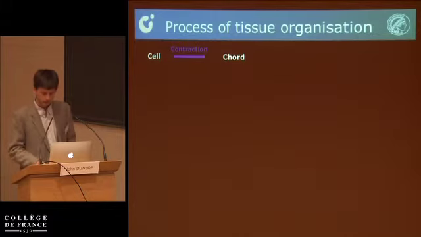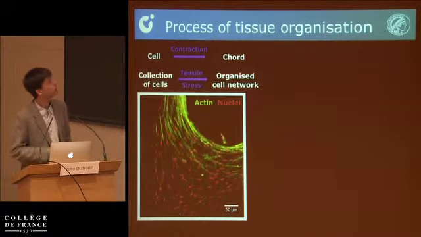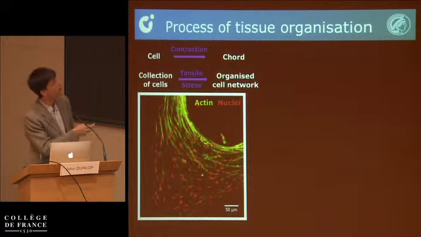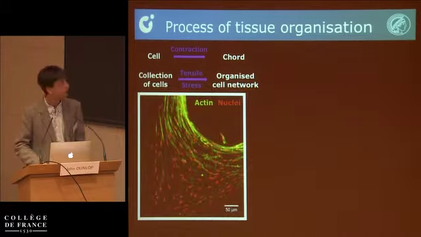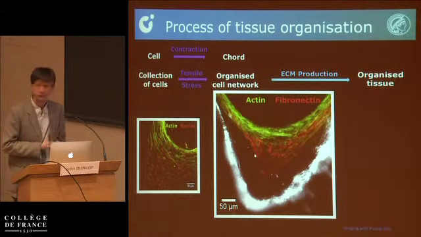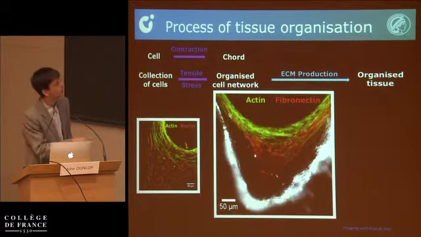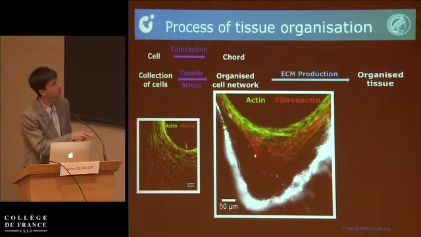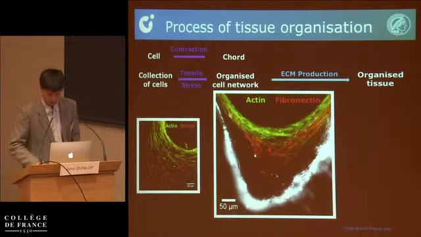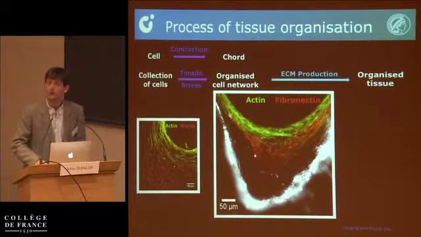So what's happening during tissue organization? So the process is that cells, or the idea is that cells contract, giving rise to a chord. So if you take a collection of cells, they develop tensile stresses, which gives you an organized cell network. Now, these cells are also producing fibronectin. So fibronectin, which we've stained here in red, you can see it's sitting underneath the main layer of the cells. And after producing fibronectin, they start producing collagen.